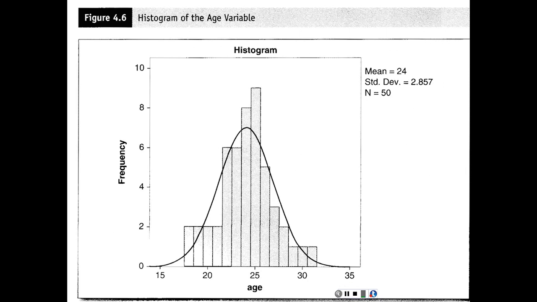So let's look at our histogram. Notice that the first 4 bars are each 2 units tall. And this is because the first 4 numbers in the table that we just looked at, 18, 19, 20, and 21, each occur 2 times in the data set. So let's go back and look at the table.